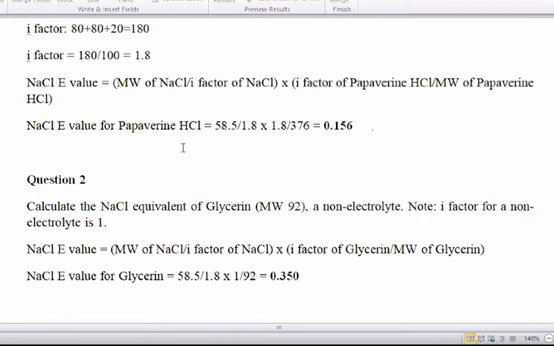Who found a different answer, just like Peter's answer? That's Davidson, 0.353. Who else? I equally got 0.3.